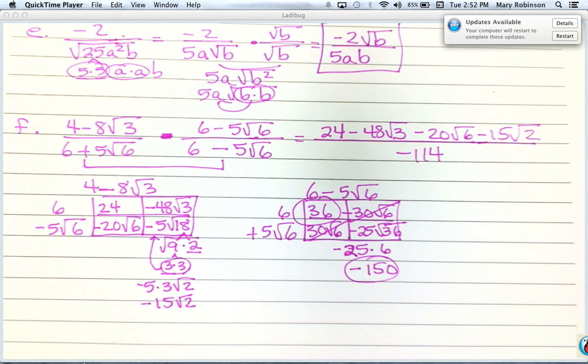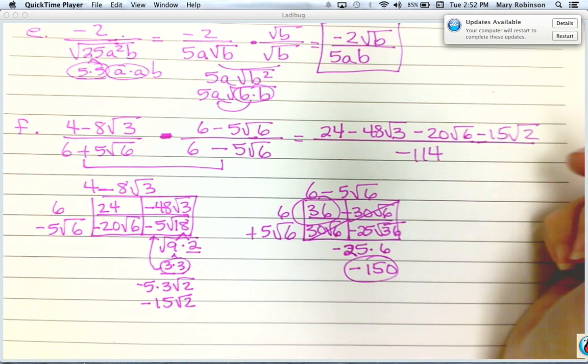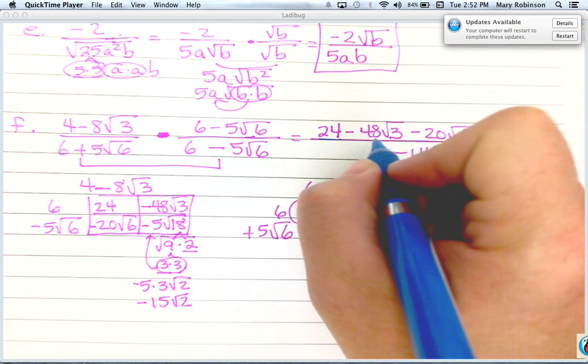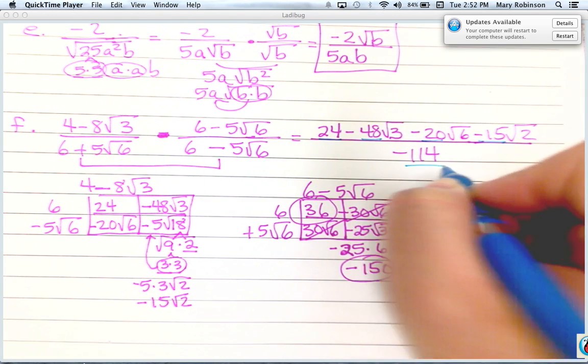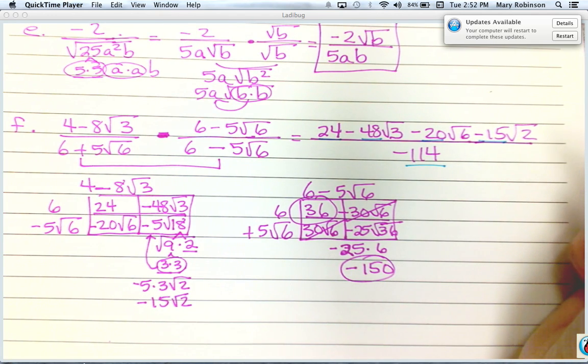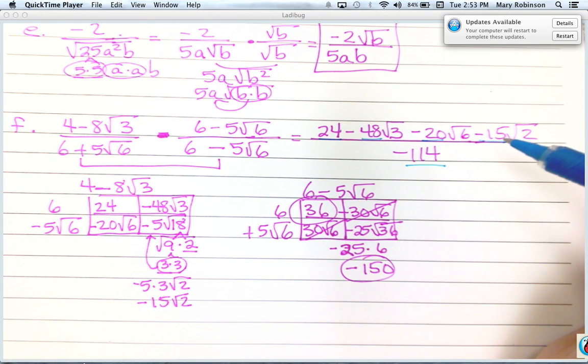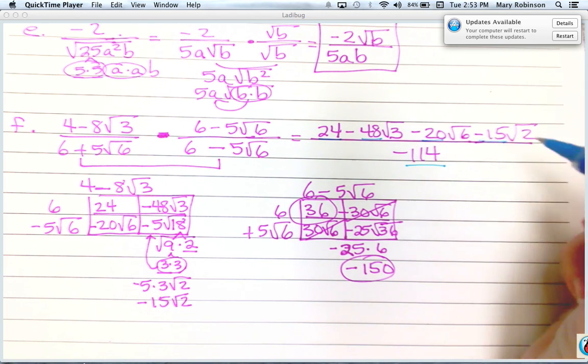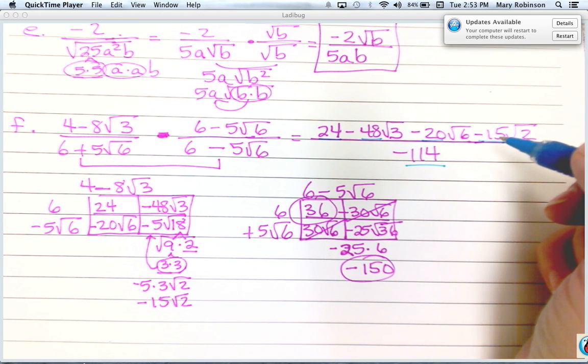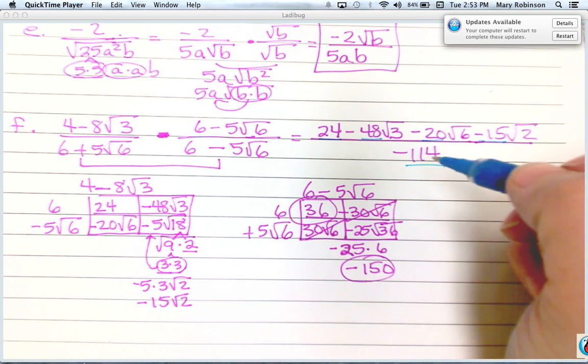Now, one thing I've also shown you is that you can reduce. So that means if 24 and 48 and 20 and 15 and this number all have a common factor, then you could reduce. So it looks like they're all even with the exception of 15. So that means unless they're divisible by 5 or 3, there's nothing we can do to reduce. However, our denominator is negative.